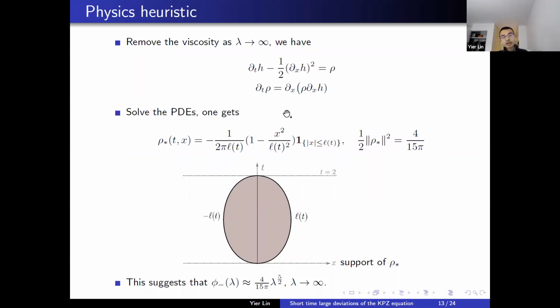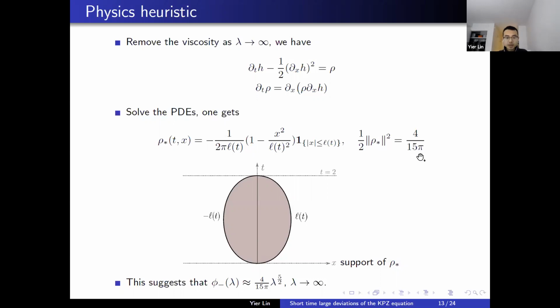And you're able to find one solution for this pair of PDE. In particular, you can find one explicit rho star and the corresponding h, which solve this equation, and it's given by the following form here. This L function is something explicit, though I will not present the form here. The only important thing is first, the L2 norm of your rho star is given by 4/15 pi.